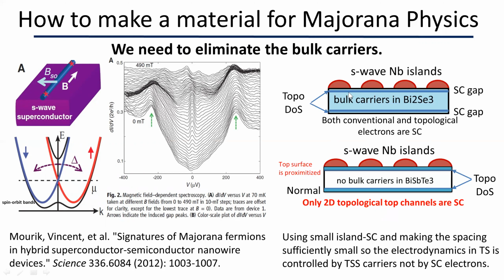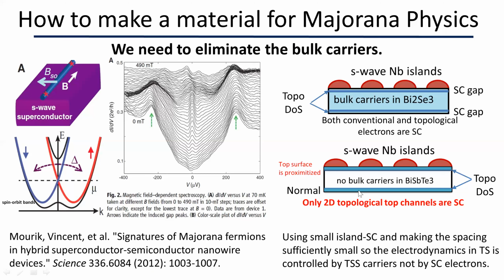But a conventional topological insulator, such as bismuth selenide, has bulk carriers. When placed in contact with a superconductor, for example niobium, the bulk carriers will also be proximitized, and topologically trivial superconductivity will emerge. So in order to study pure topological superconductivity, we have to eliminate the bulk carriers.